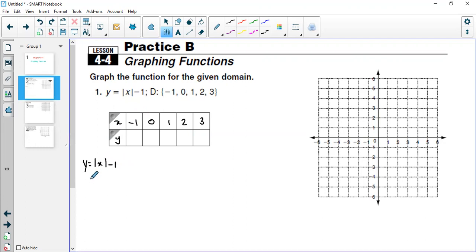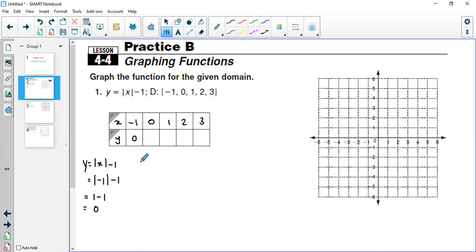So it is the absolute value of -1 minus 1. Now you need to remove the absolute value lines. If you remove them, you will get 1 minus 1, because when you remove them, it becomes a positive number. So the value of y is going to be 0. So when x is -1, the value of y is 0. Similarly, you will do the same for the remaining values.